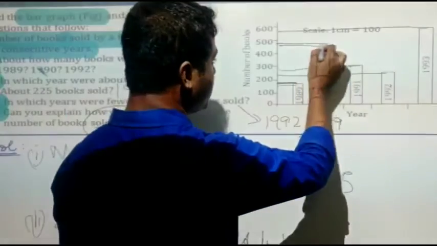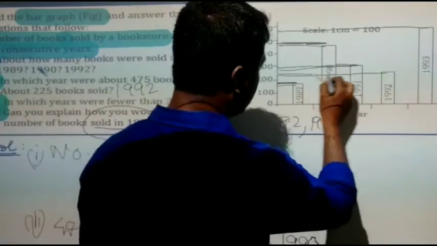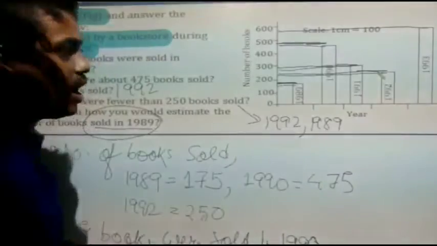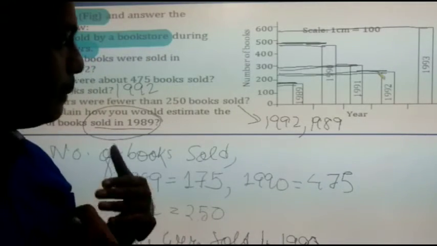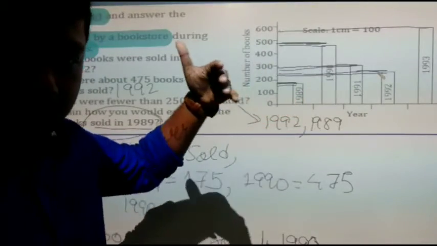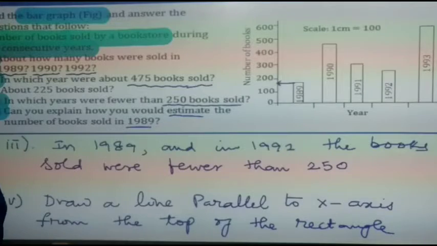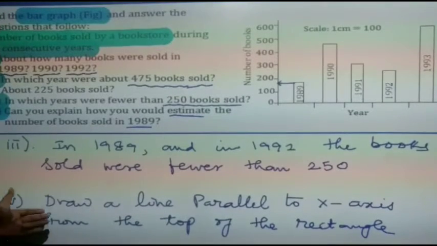Similarly, I have drawn here also. This is how we can make out the exact or apparent value related with the graph. So what will you write as the answer?